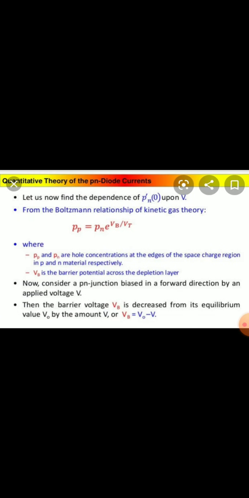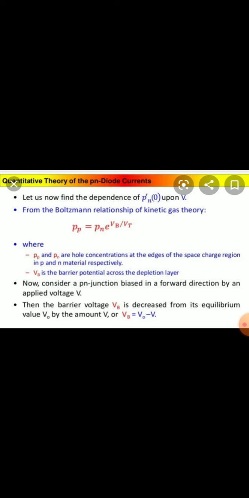We need to find p dash n of 0. By using the Boltzmann relationship, we have pp is equal to pn e power VB by VT, where pp and pn are hole concentrations in the p and n materials and the space region also.